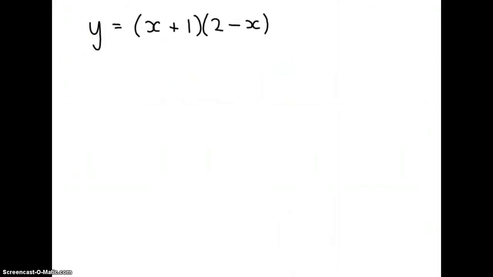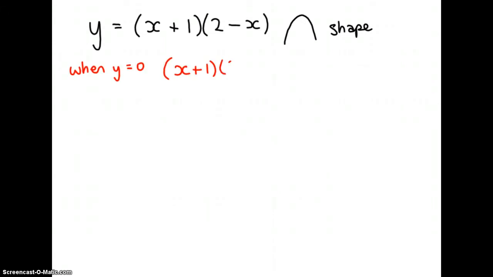This time, if we think about multiplying out these two brackets, hopefully you can see that you're going to end up with a negative x squared. So this graph is actually an N shape. So let's think about where it's going to cross the axes. So again, it crosses the axes when y is 0. So when y is 0, I can say that x plus 1 times 2 minus x will be 0.